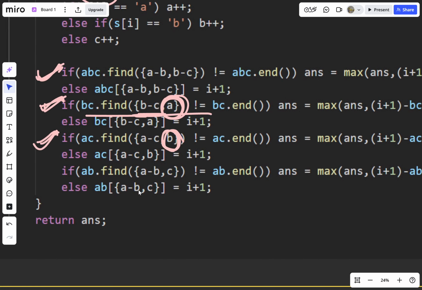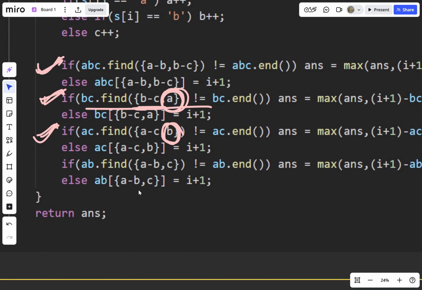Now again after this, in this A and B case we are finding the substring which contains only A and B, and the C count remains constant, before the substring and after ending the substring also.